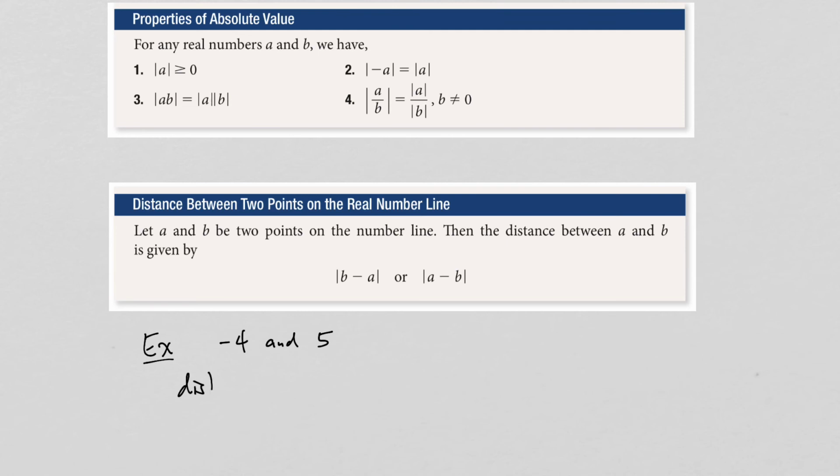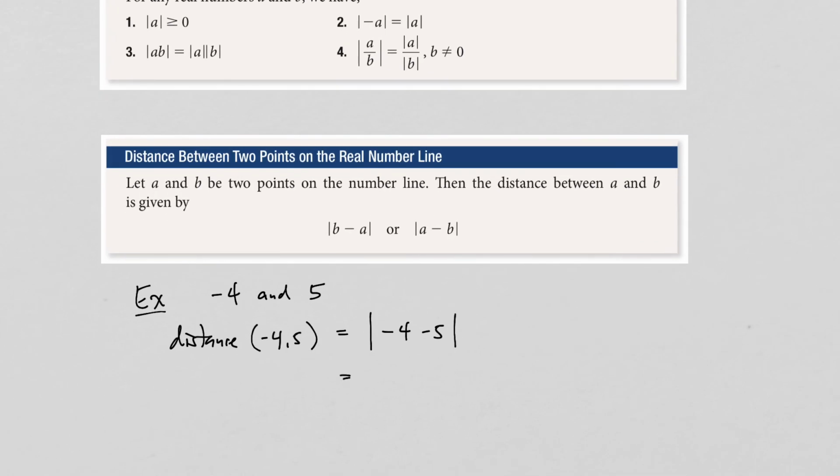If I want the distance between -4 and +5, I can calculate this by taking the absolute value of -4 minus 5, or I can calculate it by taking the absolute value of 5 minus -4. And I want you to notice that you get the same answer for each.